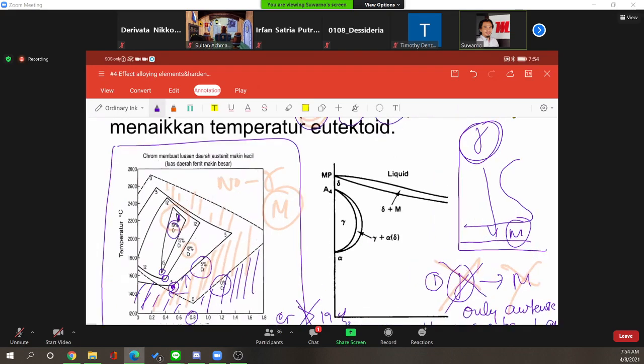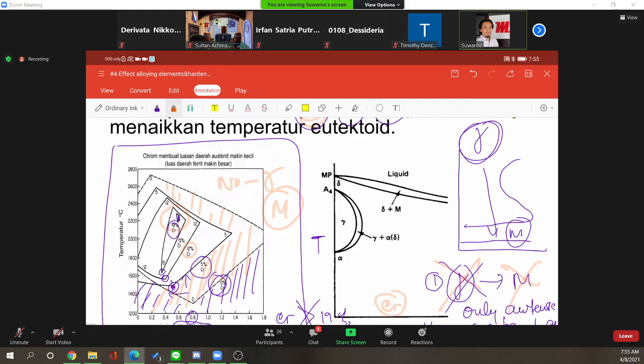There is another way to see this from the perspective of phase diagram. On the left, you see the carbon content. In other situations, as you add more and more chromium, we can also make a plot where this is temperature, as shown there, and this is not carbon but chromium.